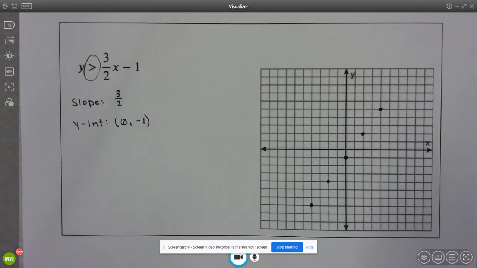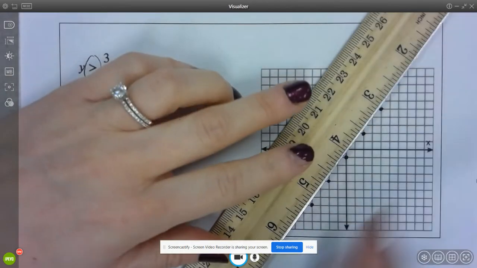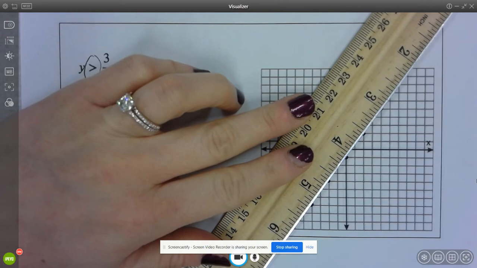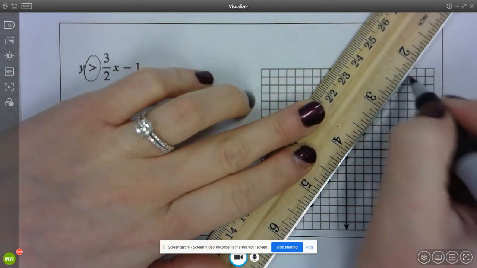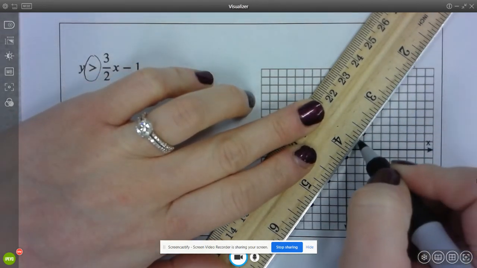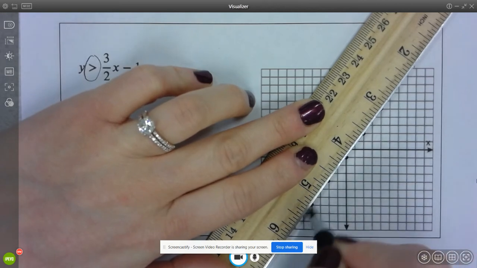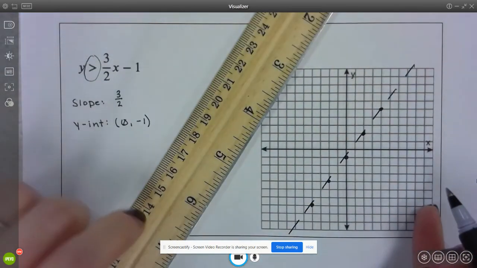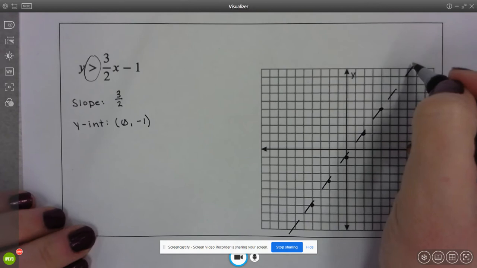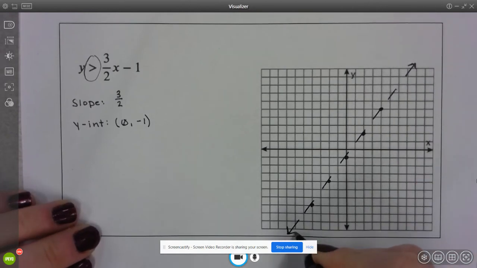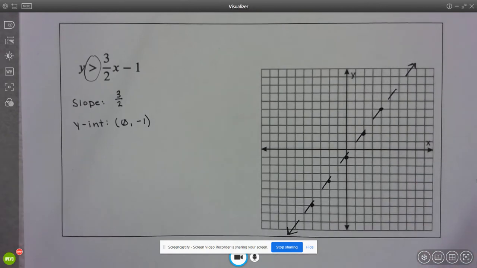And the way that I show that those points are not included is when I connect these dots, I'm going to do a dashed line like that, showing that the points on my line aren't actually included.